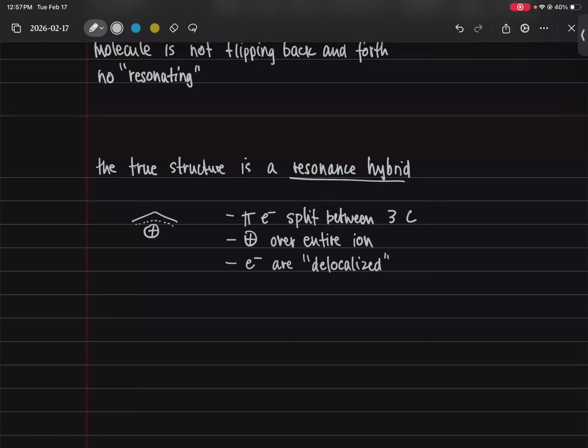So we call these electrons delocalized. Really, the pi electrons are delocalized because they're just, well, they're not located in one specific place. They could be located in a variety of different places. So we say they're delocalized. Kind of a funny way to talk about it, but that's the term that we use.